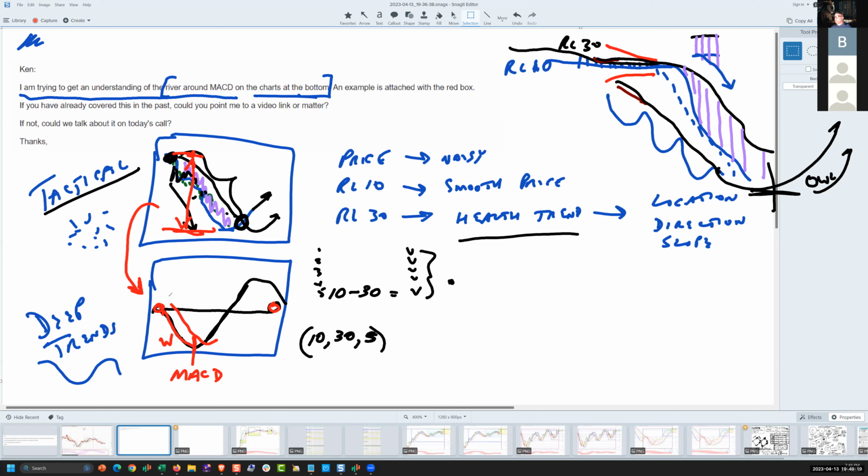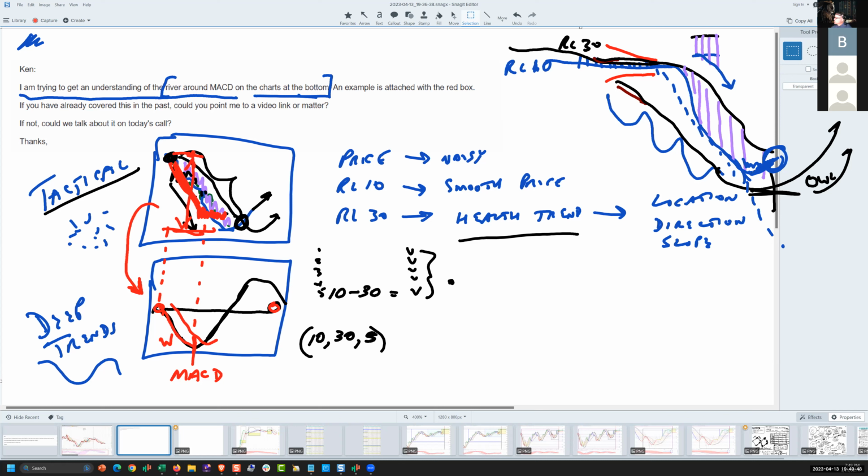If we were to look at this period and look straight up, we would notice that in general, price is moving down sharply. And then there will come a period of time when it smooths out. When it smooths out, you get this feature where the RL10 and the RL30 come closer together because price is no longer falling. It's starting to just go sideways.